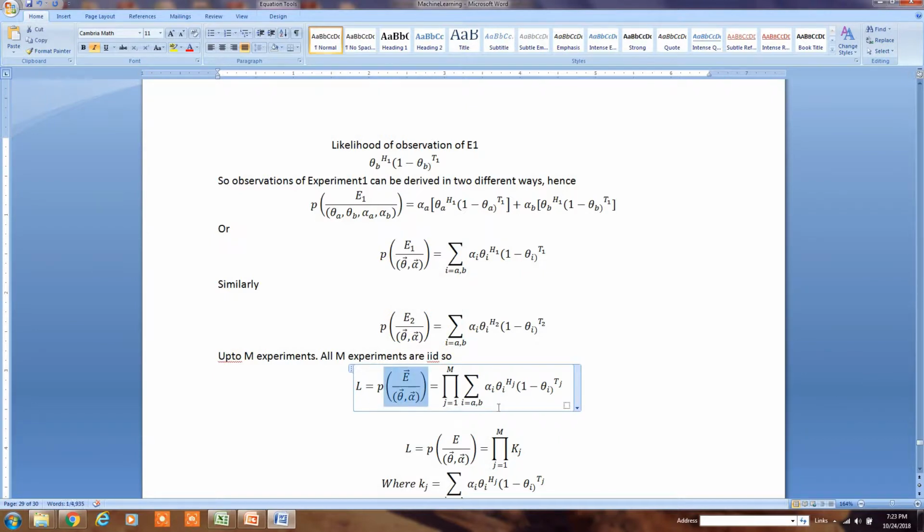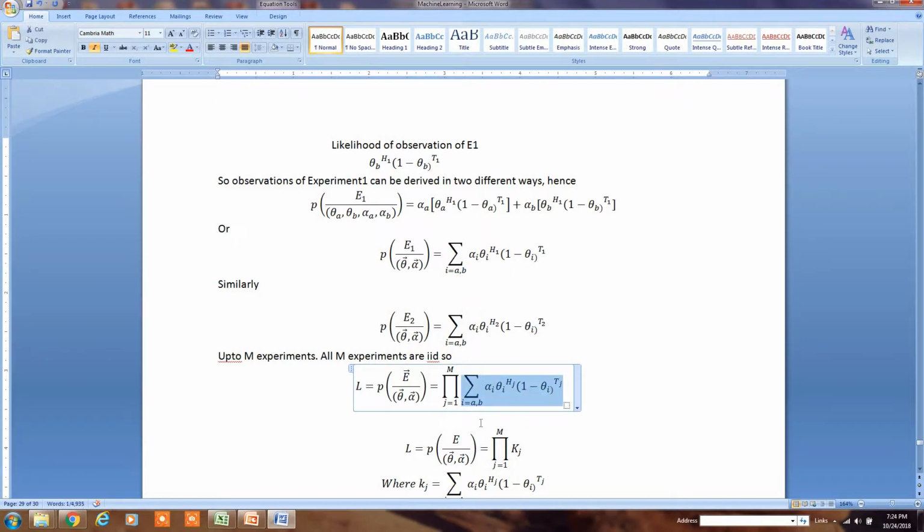And so we can write that as L for likelihood, the probability of observing the experiments given the parameters, is the multiplication, indexed by j, which varies from 1 to m, of the probability of observing a particular experiment, up to m.